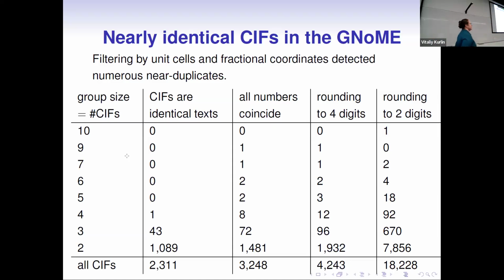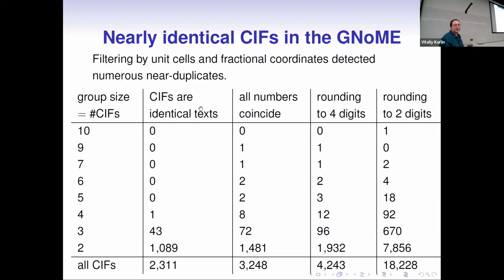It turns out to be largely sufficient, in many cases, just to look at the CIF files I presented before, which means unit cell parameters and fractional coordinates. And if we compare them, even then, we have some interesting finds.